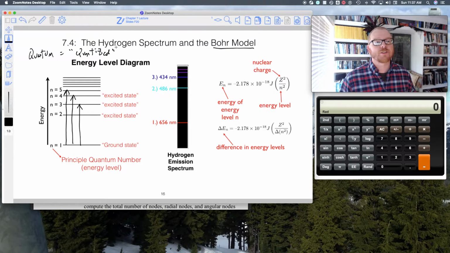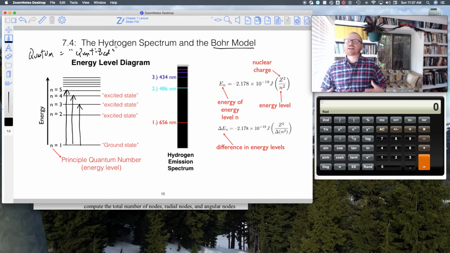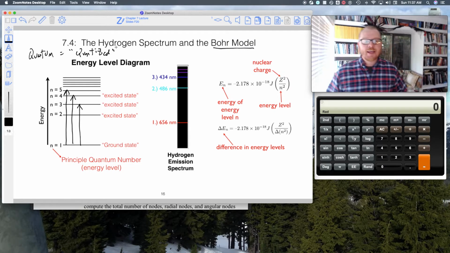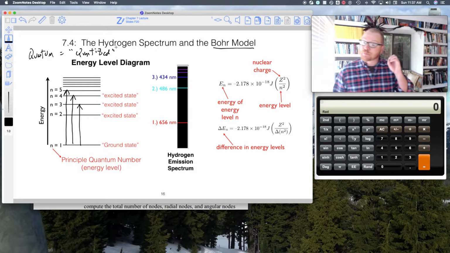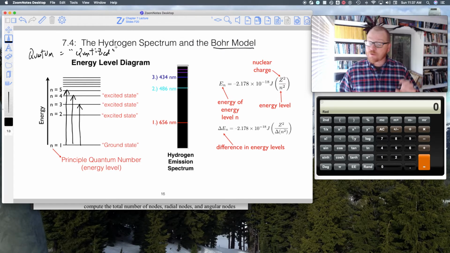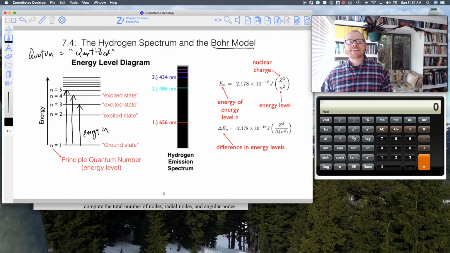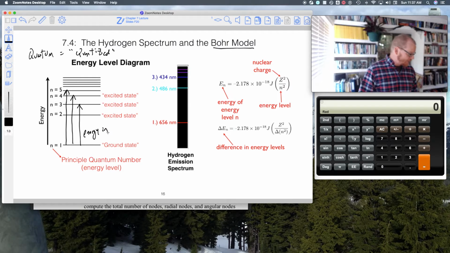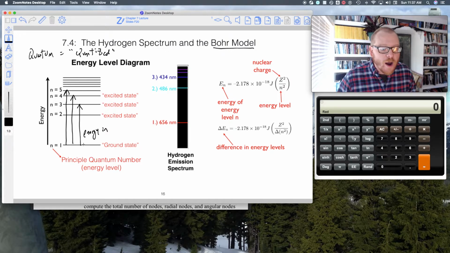So in other words, when these atoms absorb energy, they only absorb specific quantities of energy. They absorb, so I'll say energy in right here, exactly the energy they need to go up to these various levels.